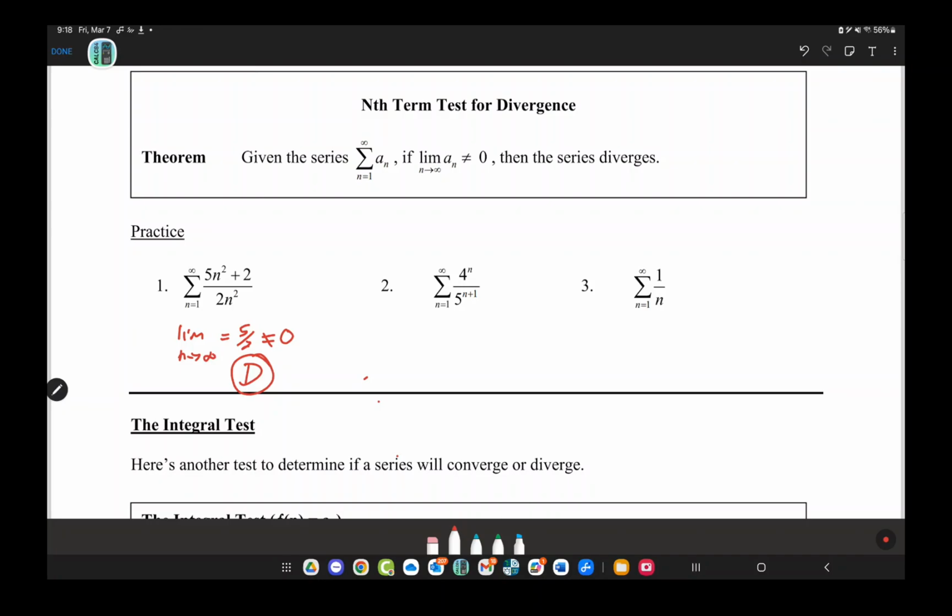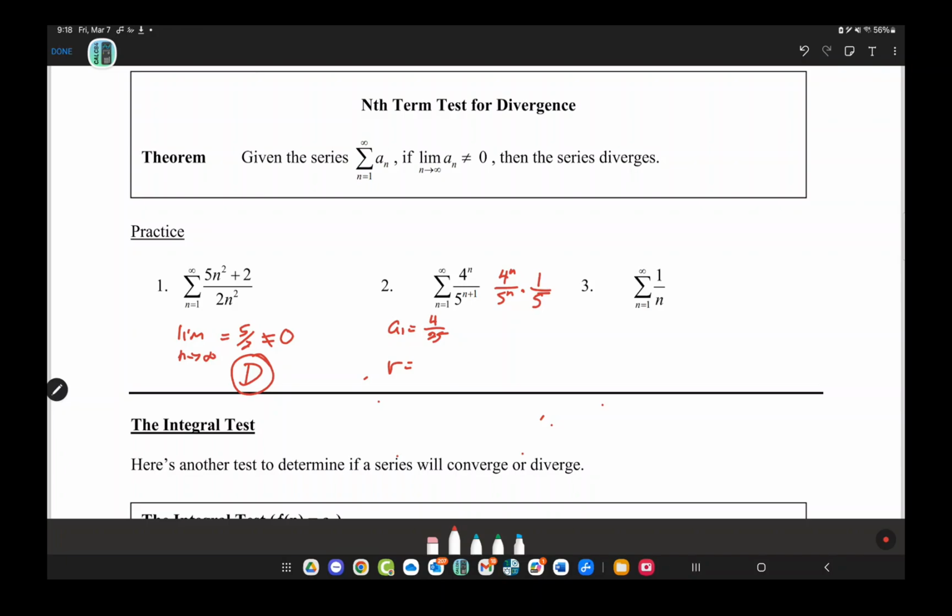Now, number two, what kind of series is this? Exponential. Since we have 5 to the n plus 1, this is 4 to the n times 5 to the n times 1 over 5, to get rid of that plus 1. My initial value, a of 1, if I plug in 1, I get 4/5 times 1/5, which gives me 4 over 25.